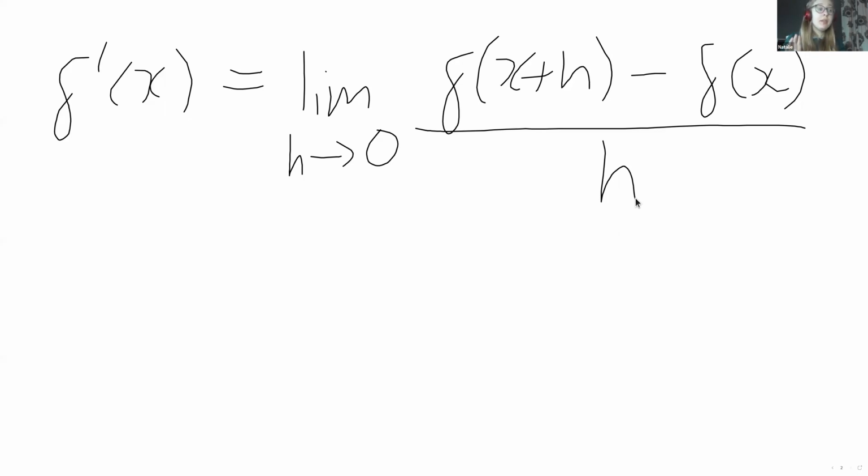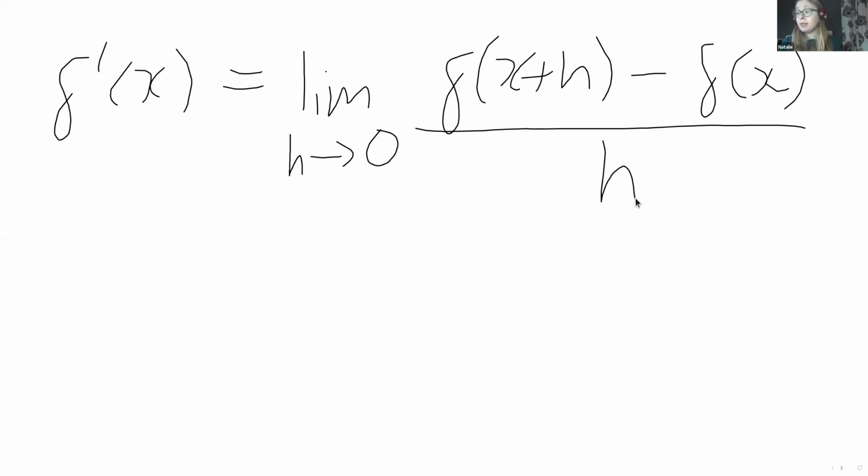Okay, and what this means is h gets infinitesimally small. We're taking a point on our curve, we're taking the next point along on our curve, and we are measuring the change in y over the change in x. And so as those points get closer and closer, they converge on the derivative, the gradient at that specific point.